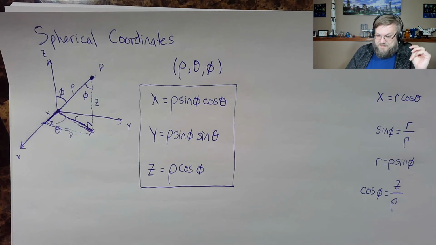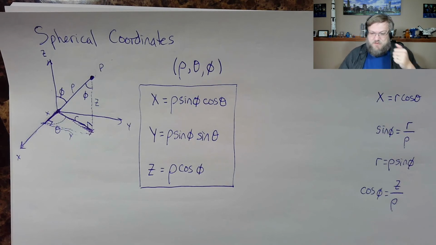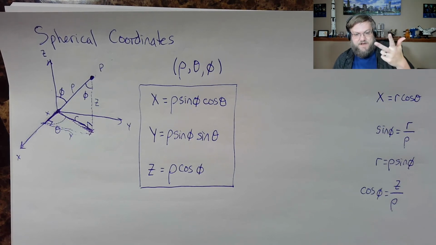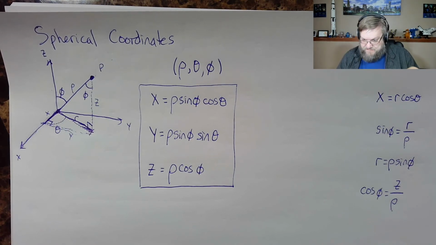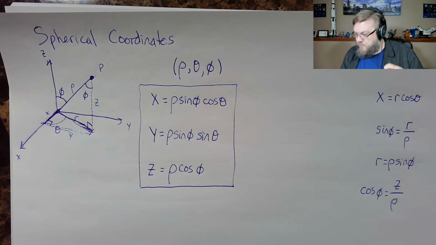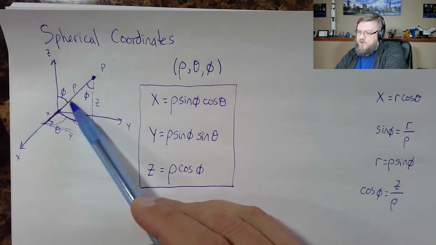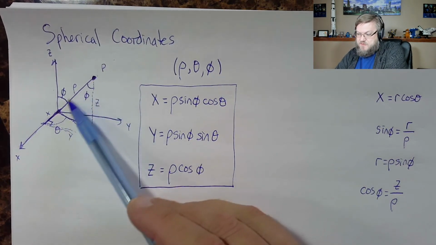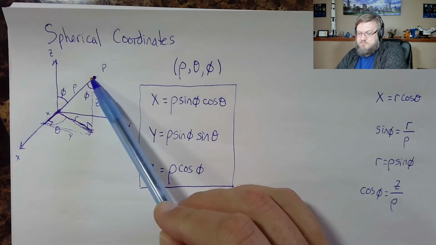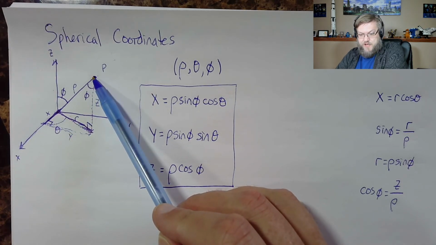Okay, let's go the other way. Can I relate rho, phi, and theta to x, y, and z? Okay. Well, one way that we can do this is notice that rho is the hypotenuse of this standing up triangle, right?